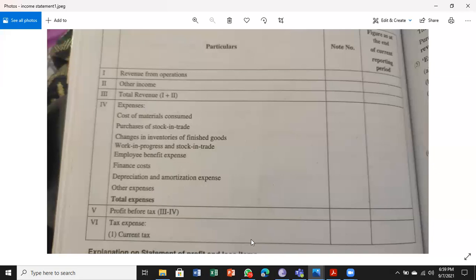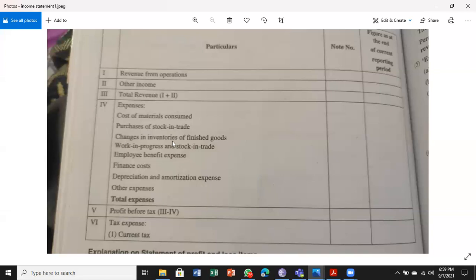This is the least one. Actually, you have very few headings under expenses, but in reality, there are many more headings of expenses. So what are the expenses possible here? First one, cost of materials consumed. Second one, purchase of stock in trade.